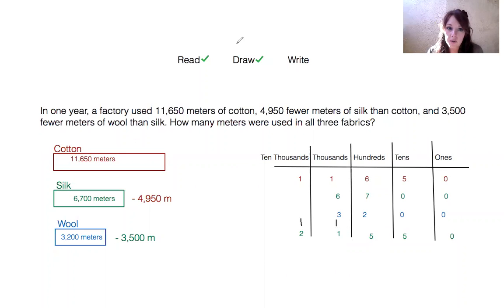So now we have our answer numerically. I prefer to have my students write it off to the side, correctly, where it's more obviously seen. And I like to have them do it right by their statement. Again, another thing that you might need to do with your students to scaffold them up is give them a sentence frame to start with. Blank meters were used in all 3 fabrics.